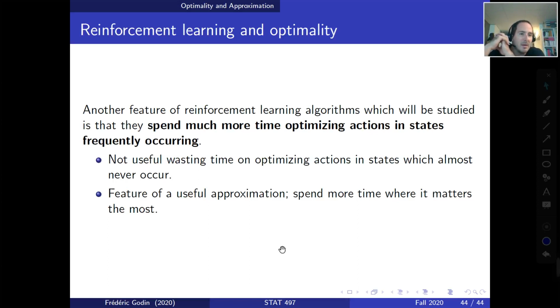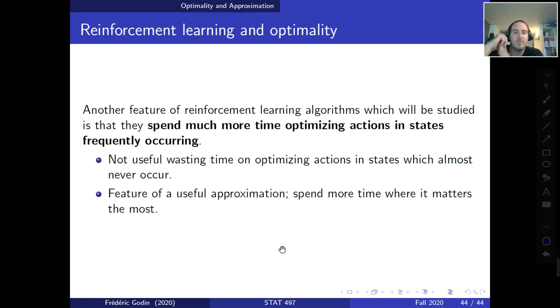You should rather spend more time in states which are often encountered in practice. Reinforcement learning approaches typically don't waste a lot of time on very infrequent states. They tend to spend more time on states which are frequently encountered.